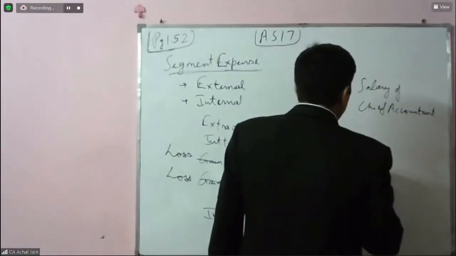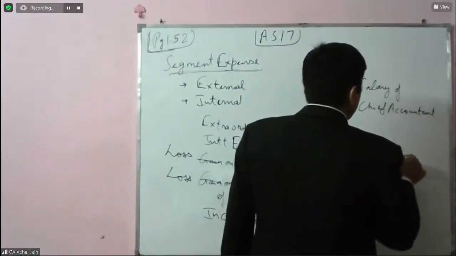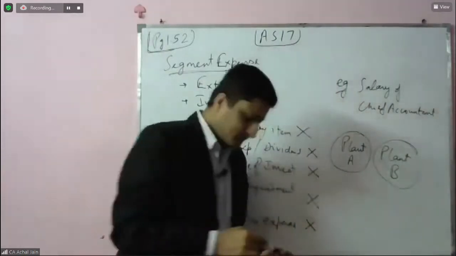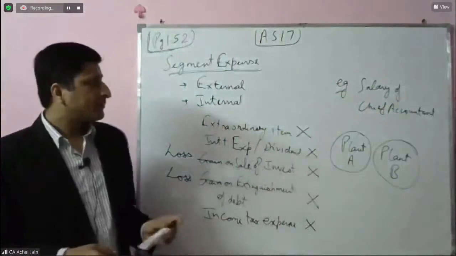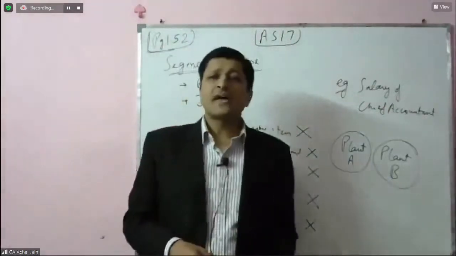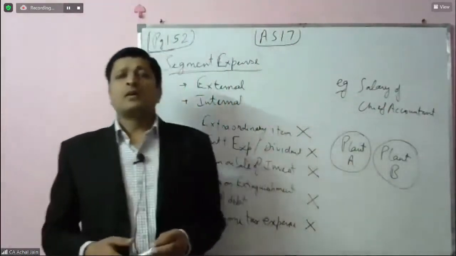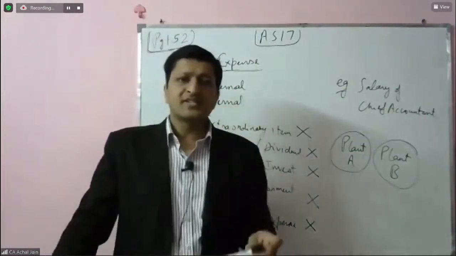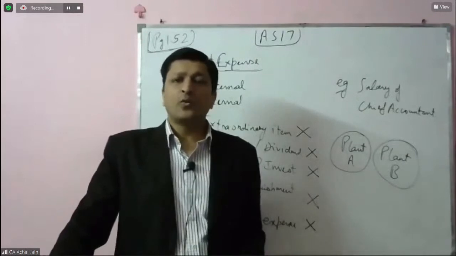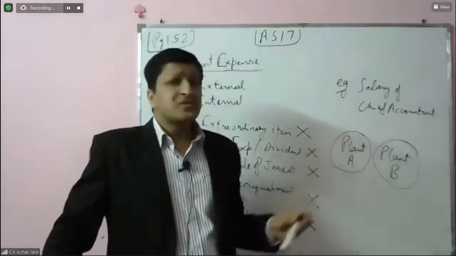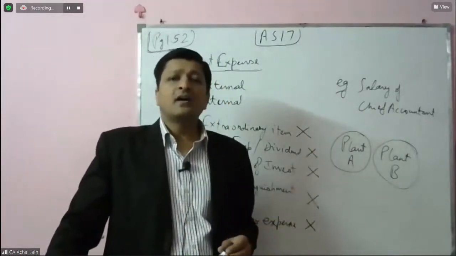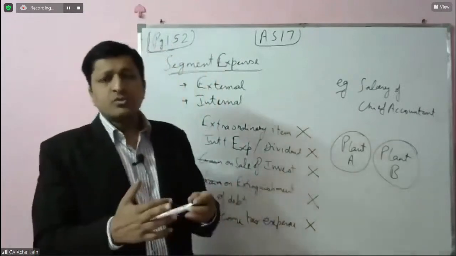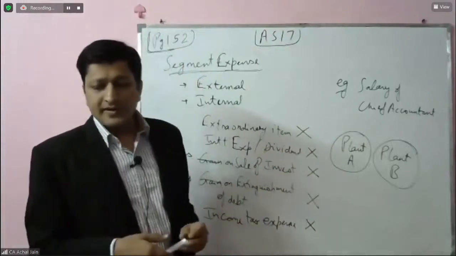The company is into manufacturing and it has got two plants, plant A and plant B. Both of them will also have their own accounting team. So they have their segregated expenditure in relation to accounting. The role of chief accountant is to look at the consolidation. Consolidation means these two units at a consolidated level.